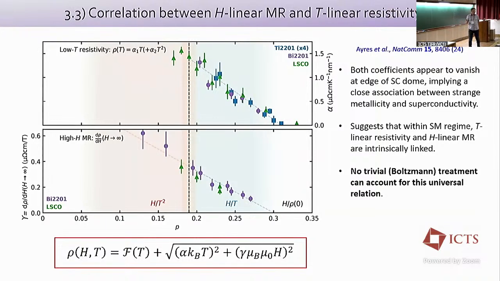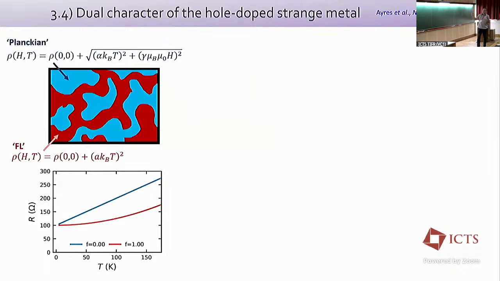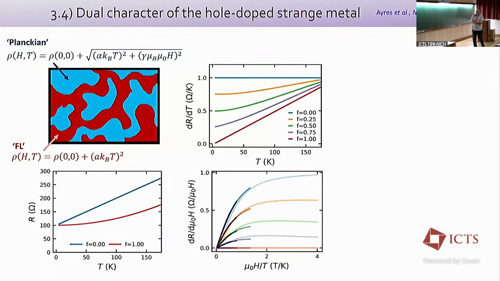So the only way that we think we can make any progress on understanding the magnetoresistance in the hole doped cuprates is to invoke some kind of picture where there are 2 fluids. One is more Fermi liquid-like, and one is responsible for this unusual quadrature form of the magnetoresistance. When you put that into random resistor networks or effective medium modeling, you see this evolution.